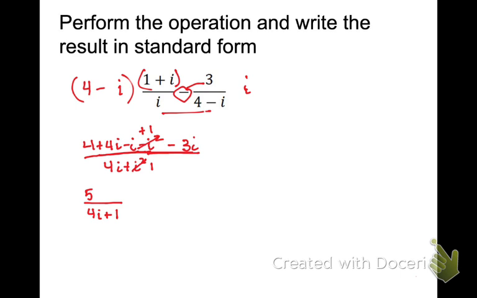And then I have 4 minus 1 minus 3. 4 minus 1 is 3, minus 3 is 0.